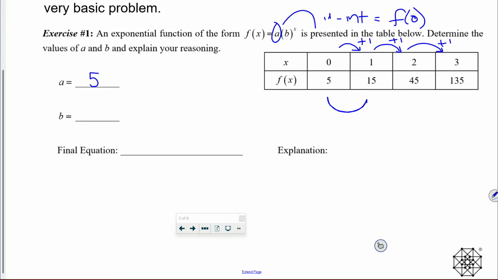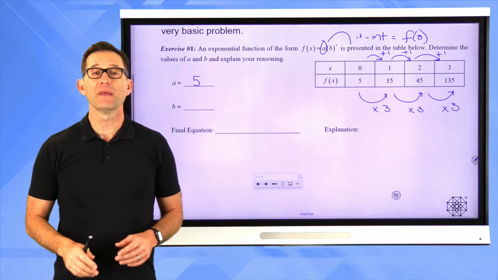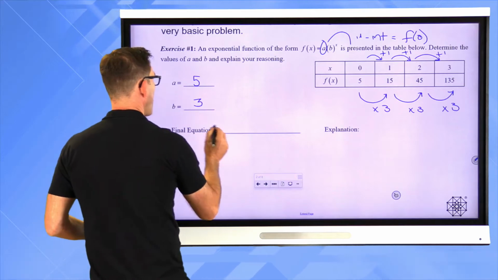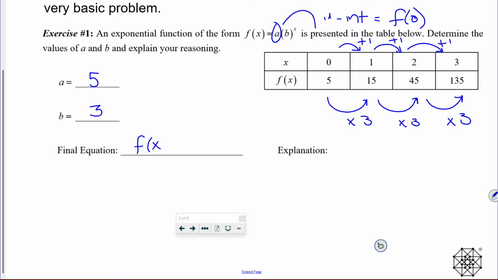When we look at the y values, what we can see is that to go from one y value to the next y value, we are always multiplying by a factor of 3. And that means that b is equal to 3. Our final equation, therefore, is f of x equals 5 times 3 to the x.